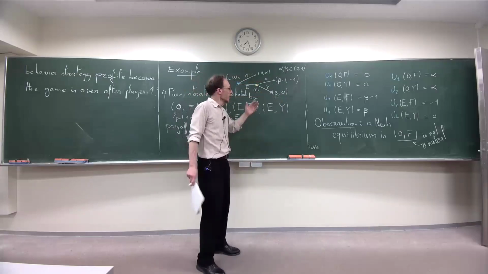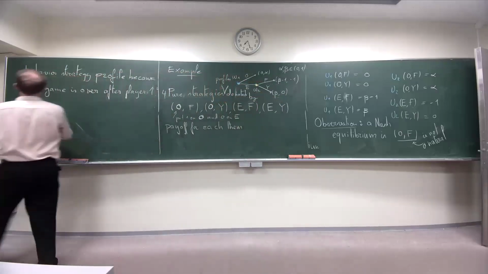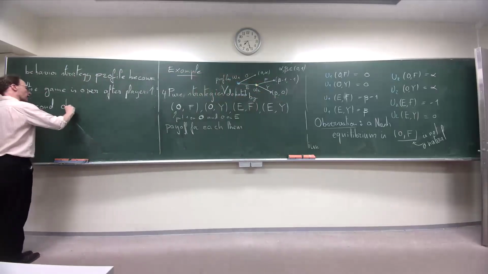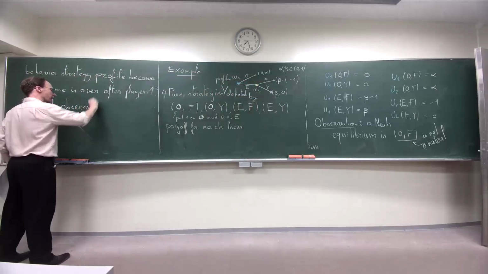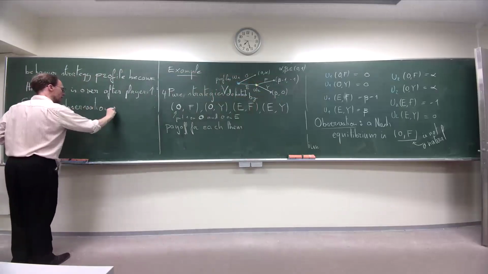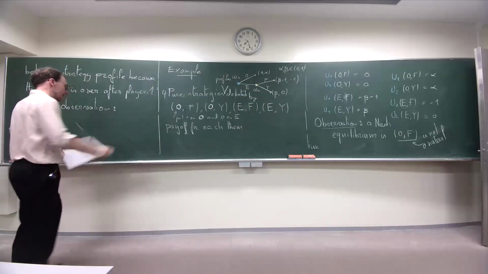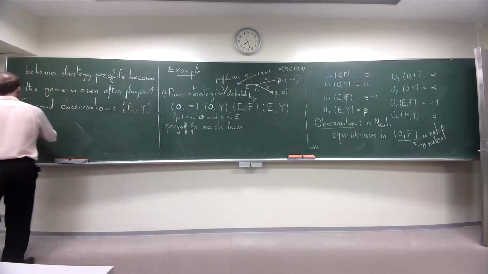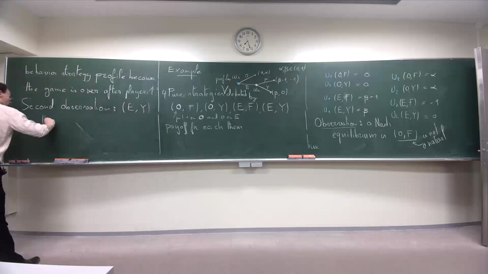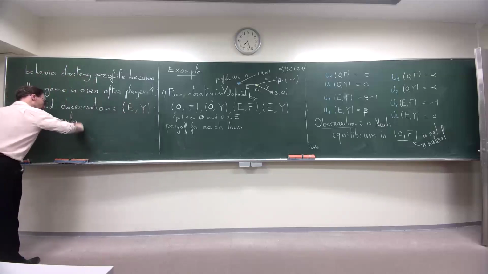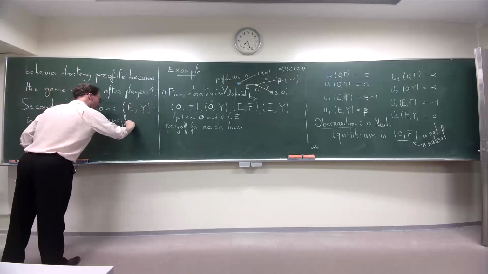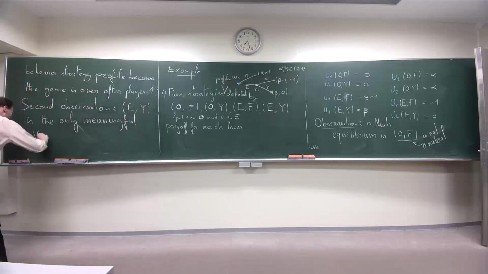So there is a second observation. There is a second Nash equilibrium, which is precisely EY. Again, you need to check EY is the only meaningful Nash equilibrium.